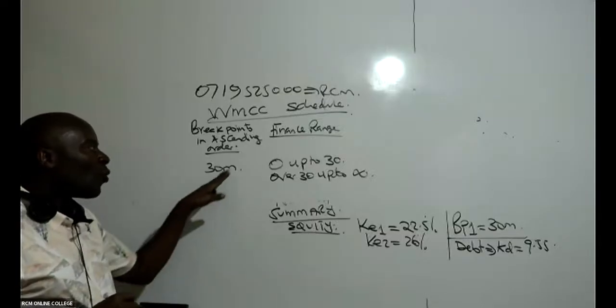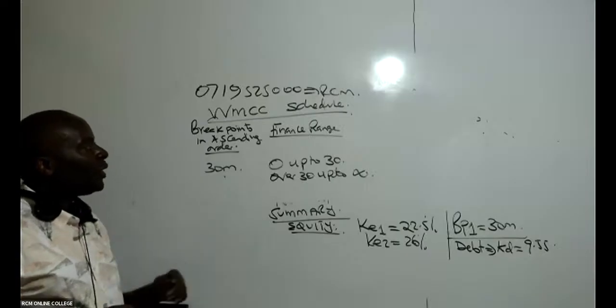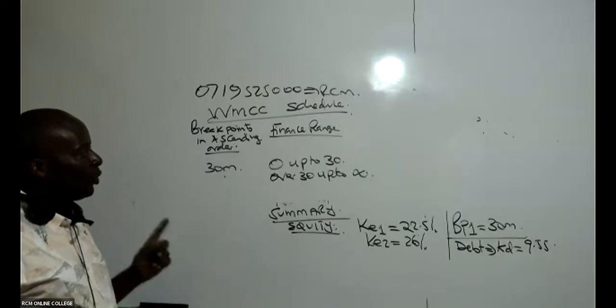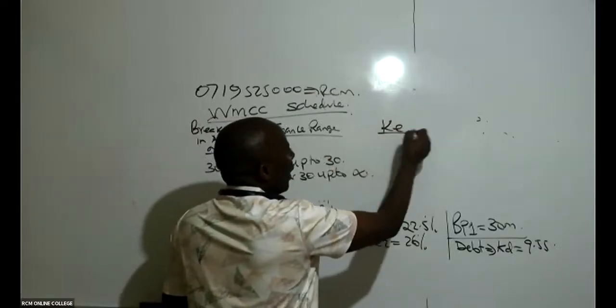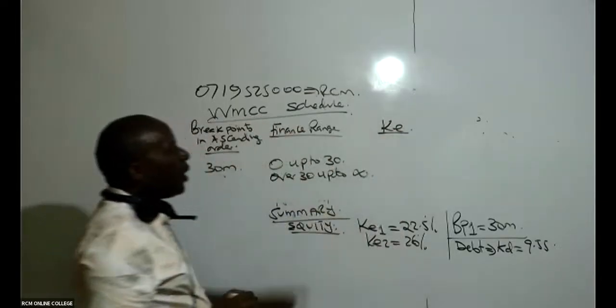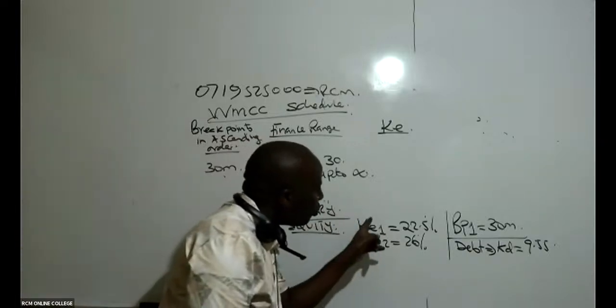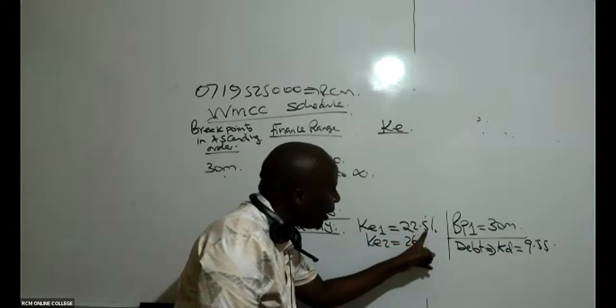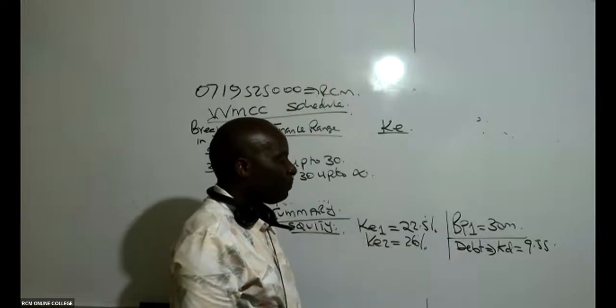You allow me to move quite fast in this, and then I'll come and take care of the ninjas who will not be able to see what I'm doing. So then I'll write here cost of equity. Remember, the first cost of equity, which is 22.5%, runs up to the first break point.